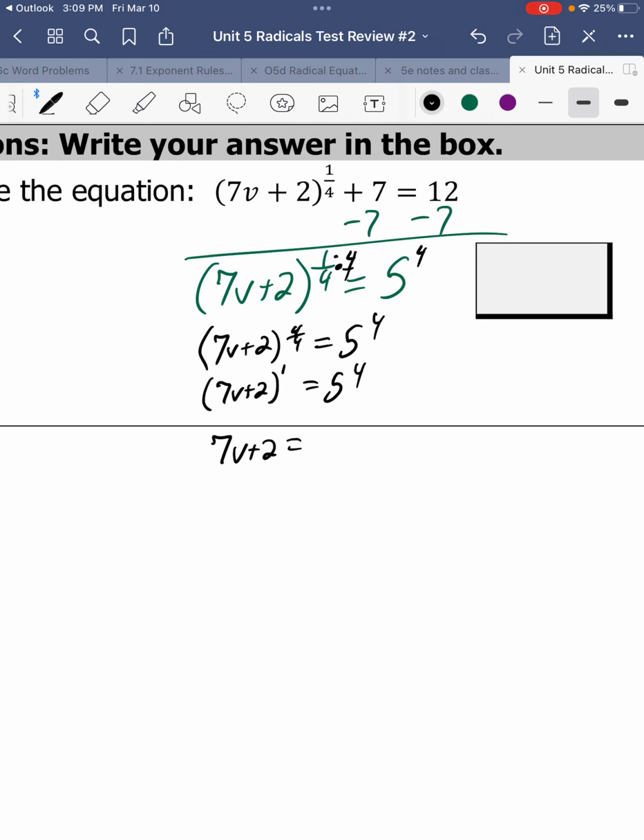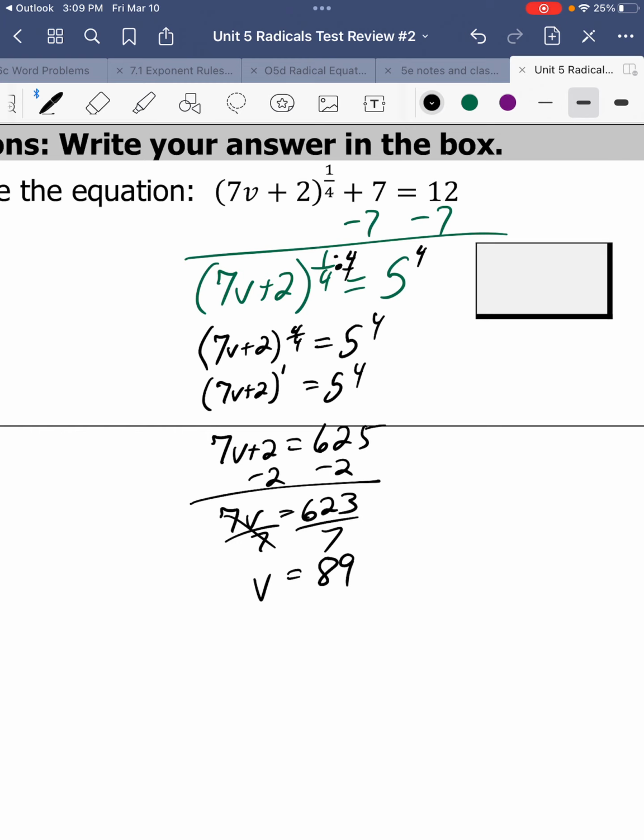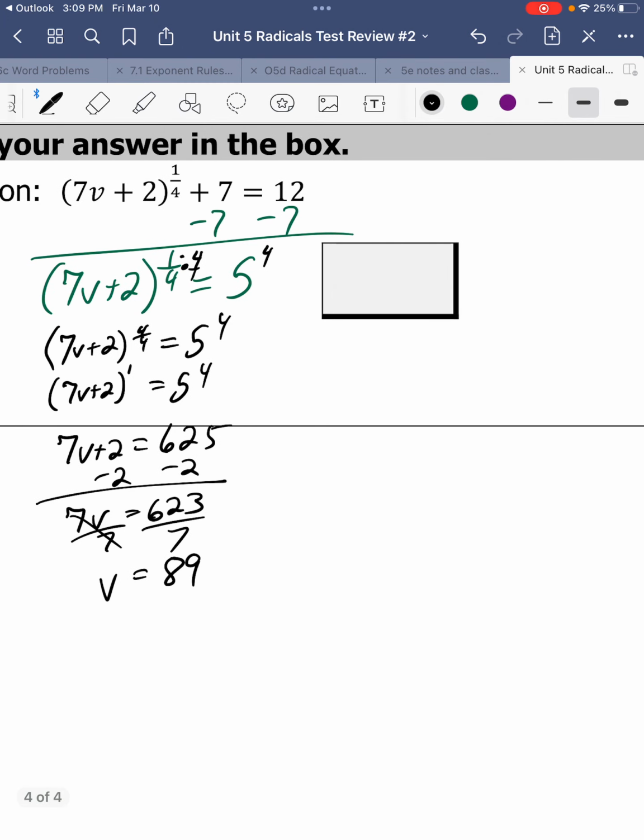The exponent went away. 5 to the 4th power is 625. Then we subtract 2, divide by 7, and we get v equals 89.